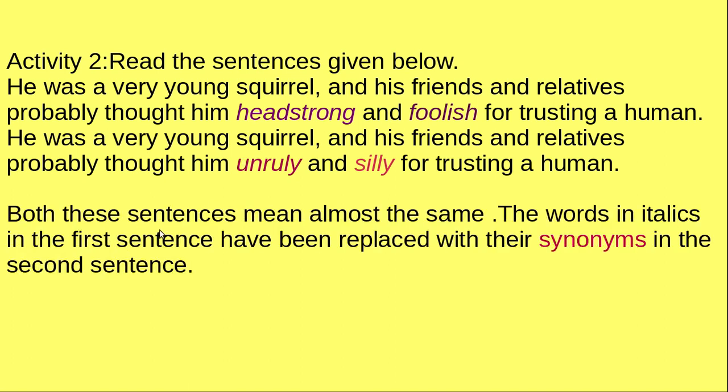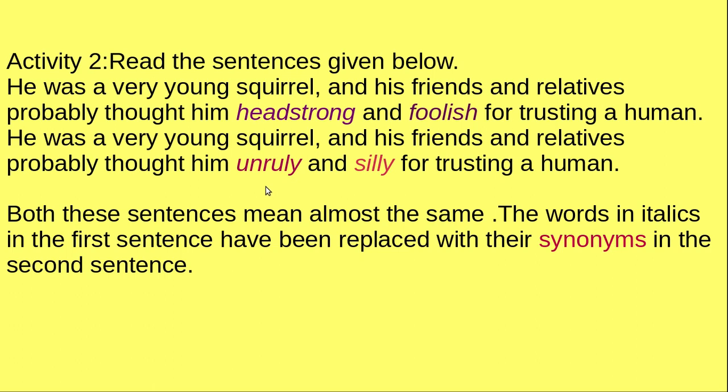Let us see. Both the sentences mean almost the same. But the words in italics in the first sentence have been replaced with the synonyms in the second sentence. Headstrong, that is the first word written in italics, is replaced by unruly. That means headstrong and unruly are synonyms.